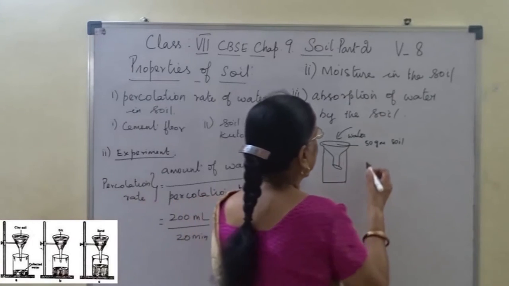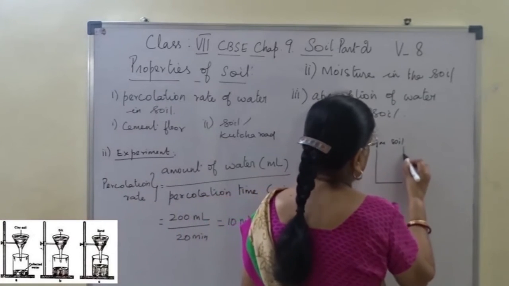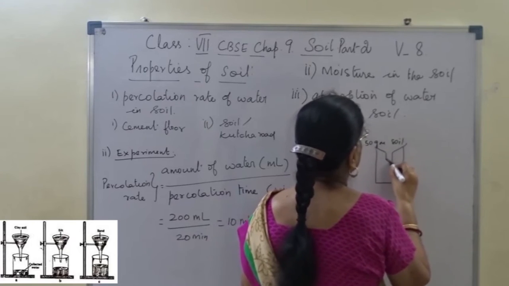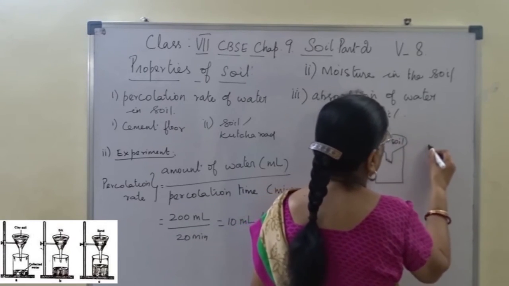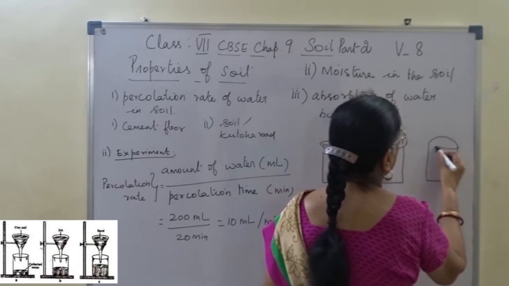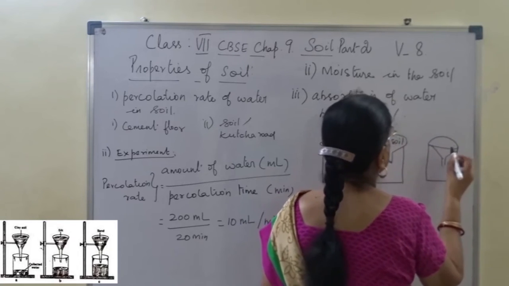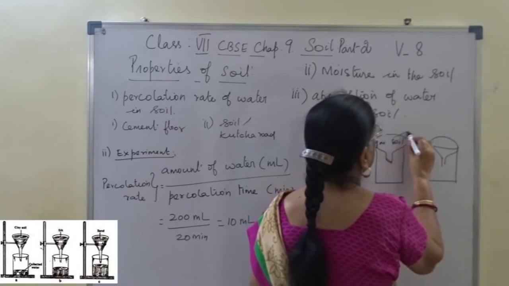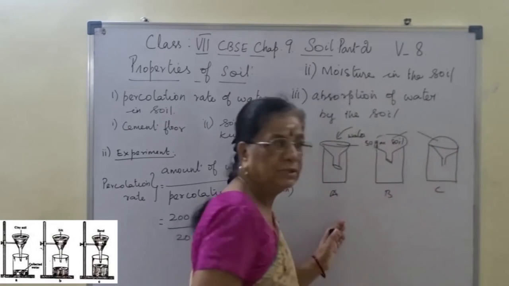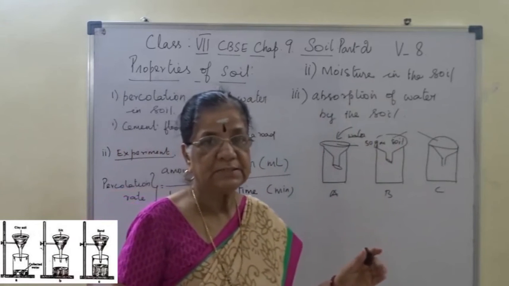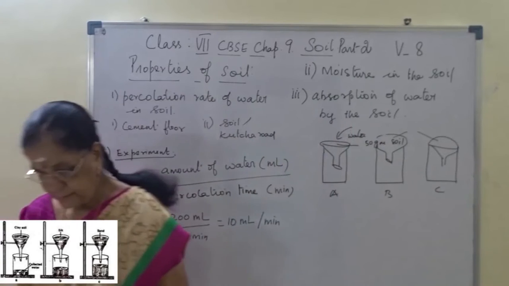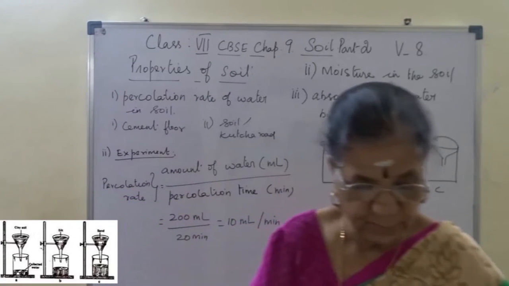Take the three funnels, each with 50 gram of soil, marked A, B, C: clayey soil, sandy soil, and silt and clay. Three different soils.